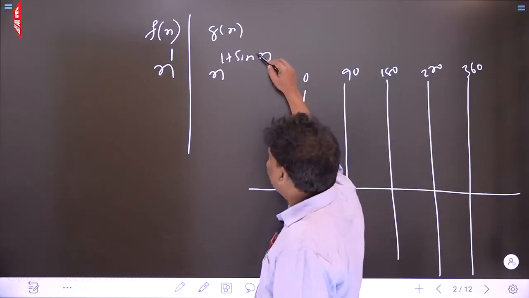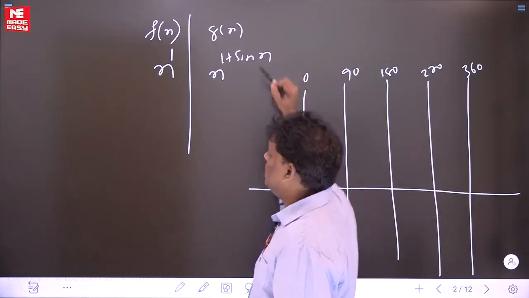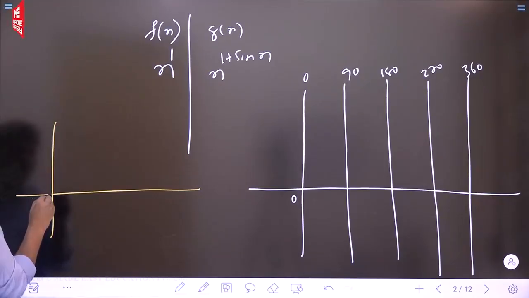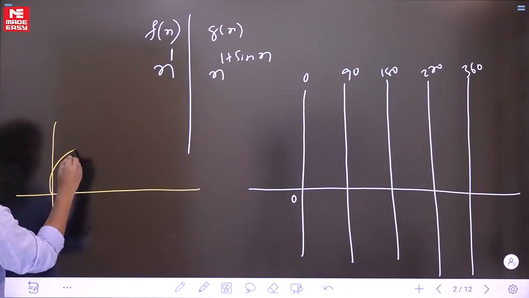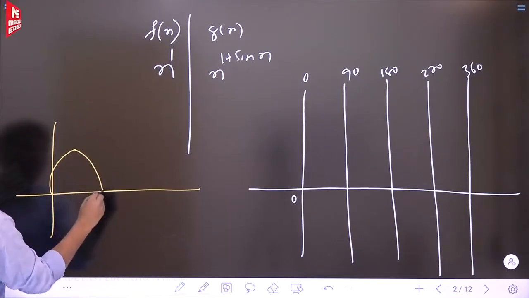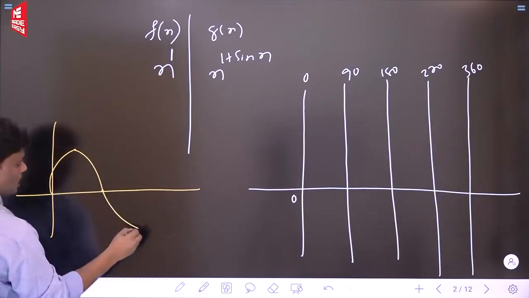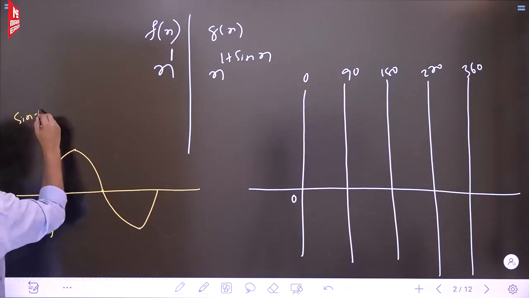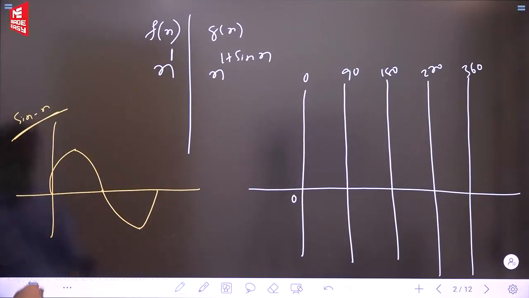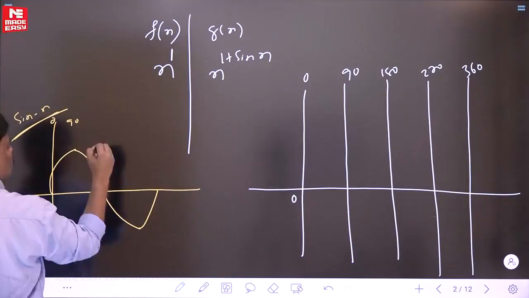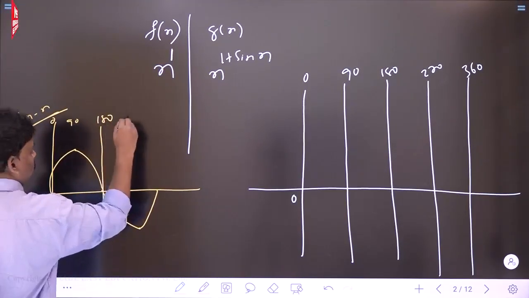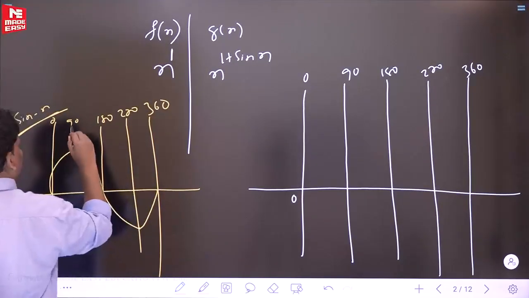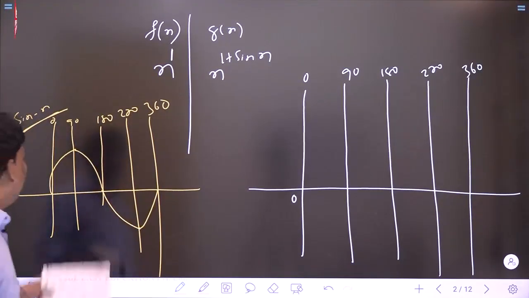Sin 0 is 0, sin 90 is 1, sin 180 is 0, sin 270 is minus 1, sin 360 is 0. This is the sine behavior.